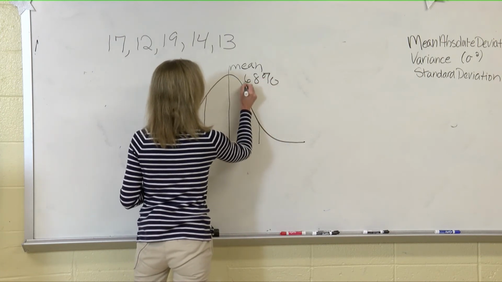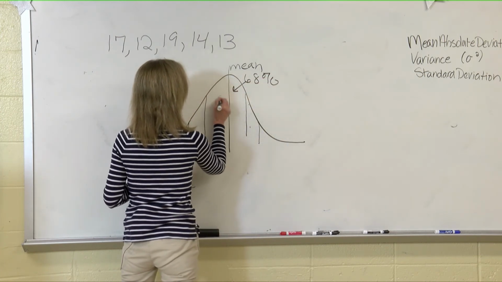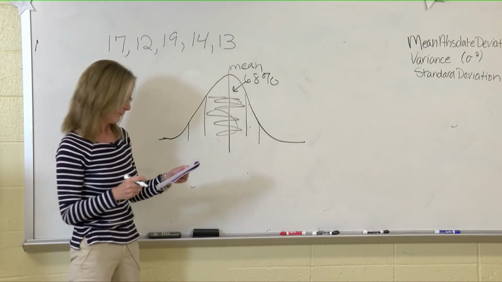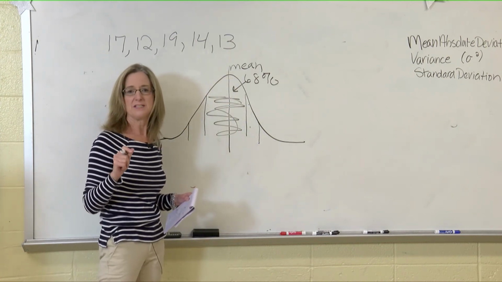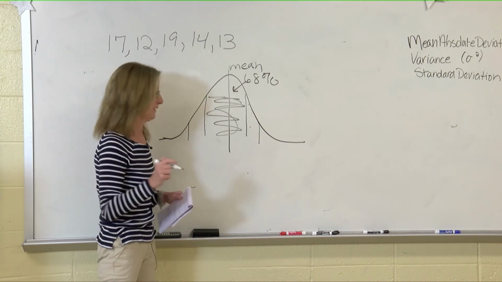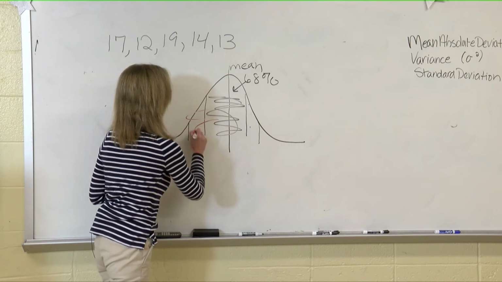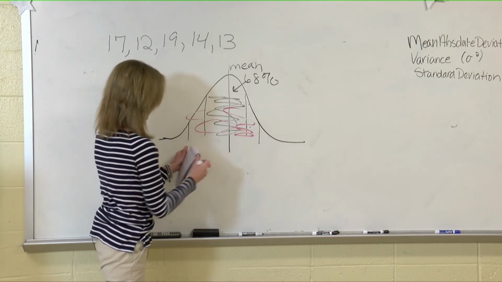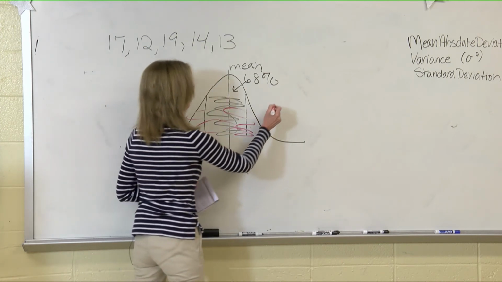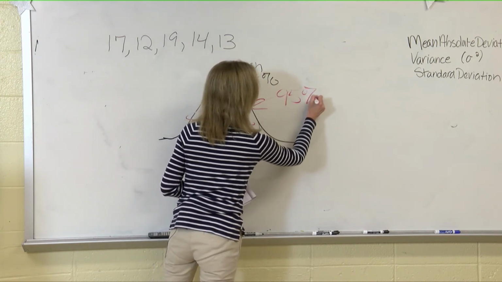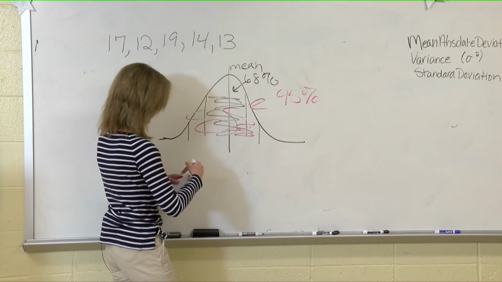68% of your data is going to fall in this area right here, within one standard deviation of your mean. Within 2 standard deviations right here, you're going to have 95% of your data.